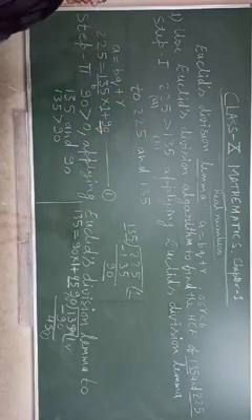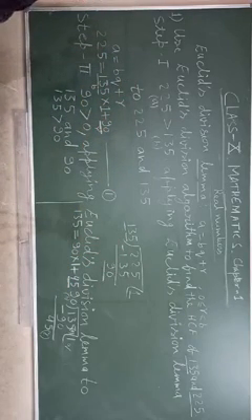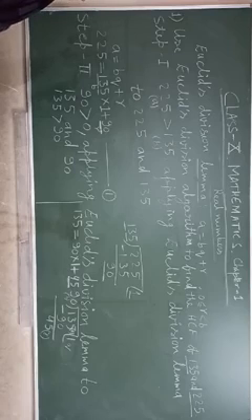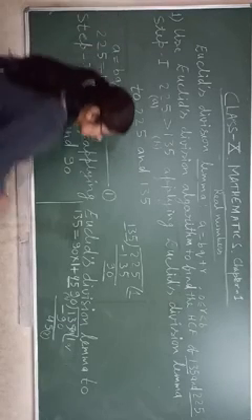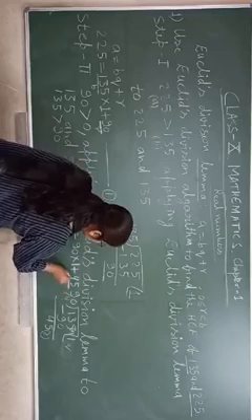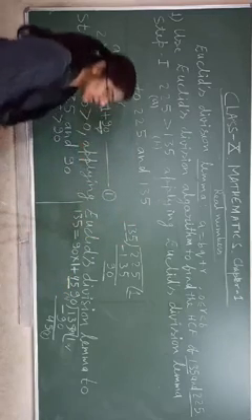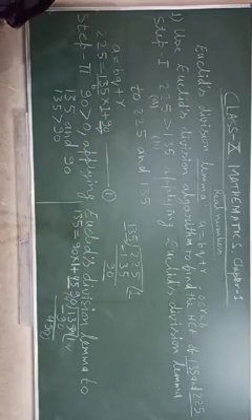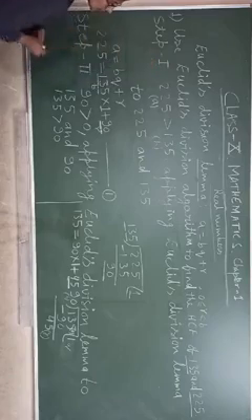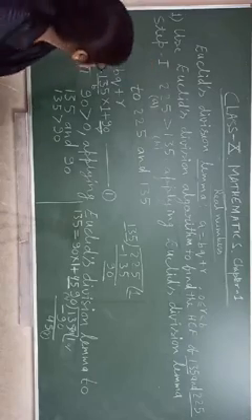So still this one is not coming 0. The remainder is not coming 0. So until the remainder comes 0, again we will do the same thing. So now we will do step 3.